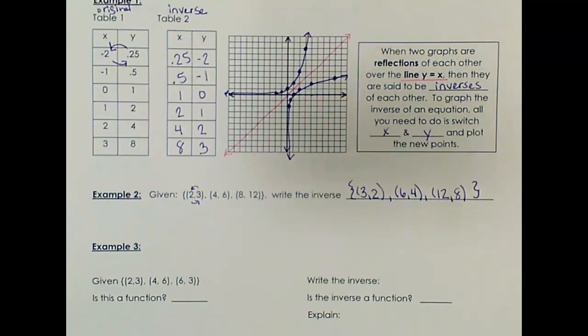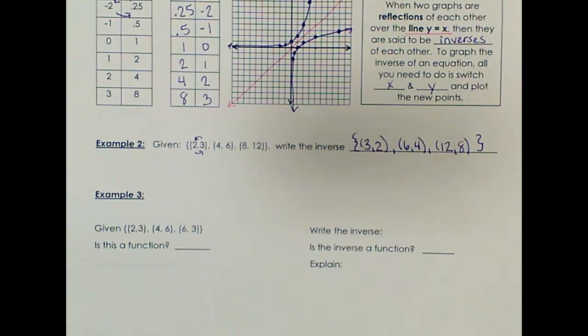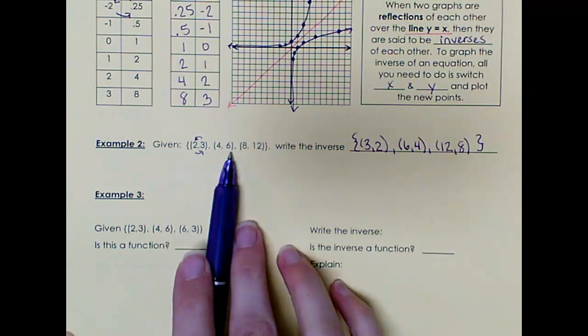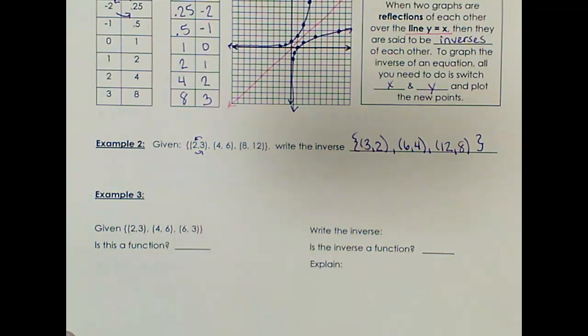Now, in example 3, it says given (2, 3), (4, 6), and (6, 3), so almost the same set of points, but this last one is a little different. We're asked, is this a function? So if I figure out if this is a function or not, well, my brain should be thinking about x values.